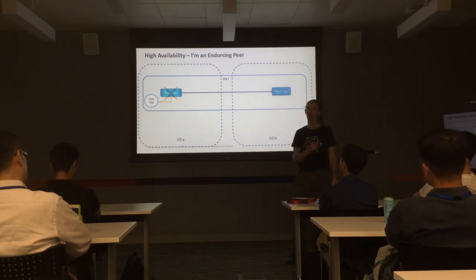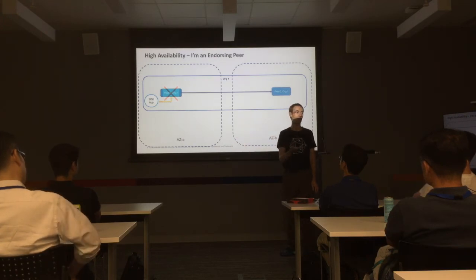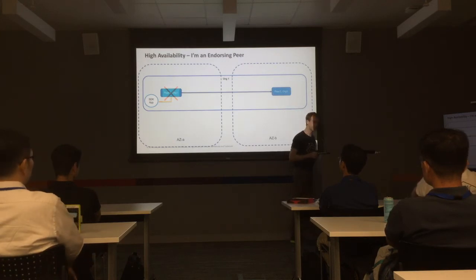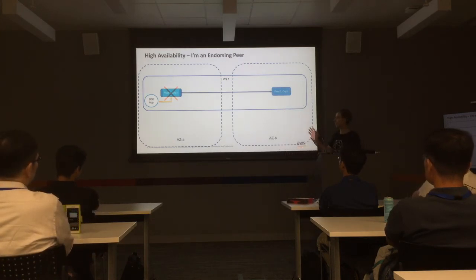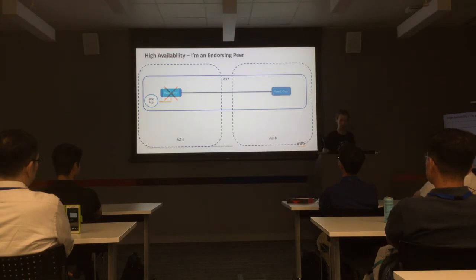It's not going to get signed by anybody. And if one endorsing peer is missing and he has to sign, the transaction is going to fail. So it's quite important that they are highly available. And it's quite easy to do this. We just simply run two of them. Right? We run two endorsing peers for the same organization, in different availability zones. So that one's not too difficult.